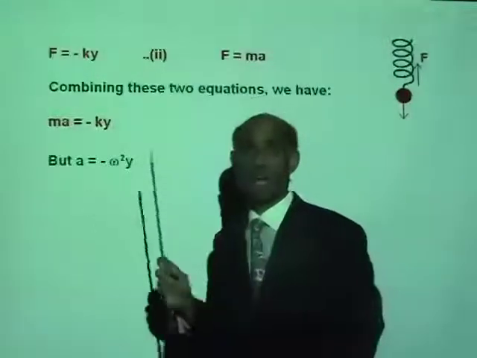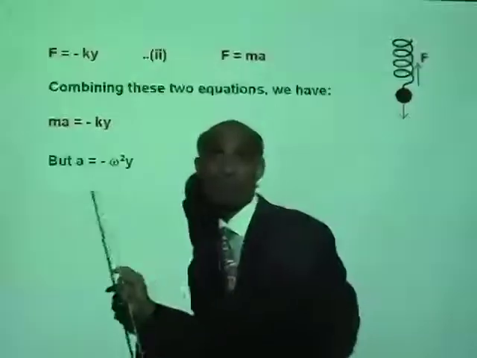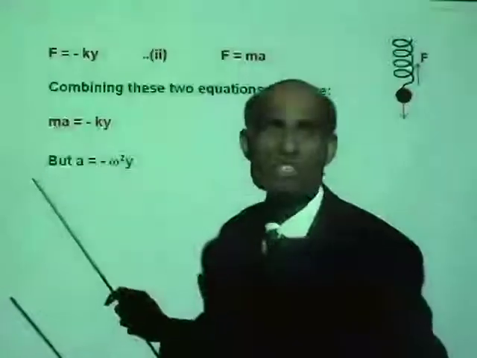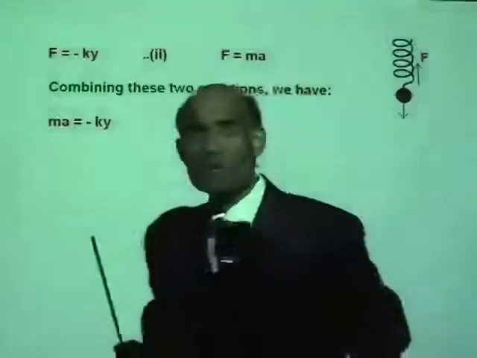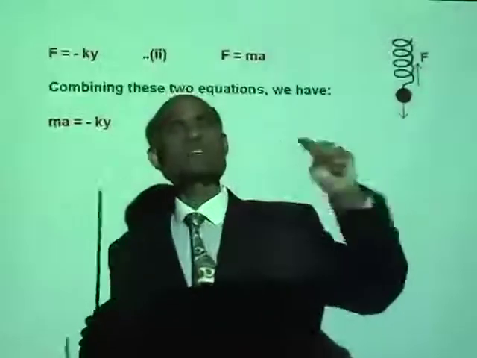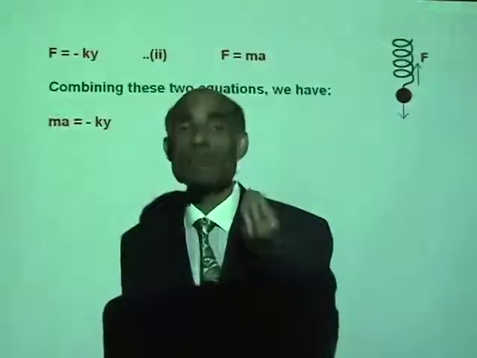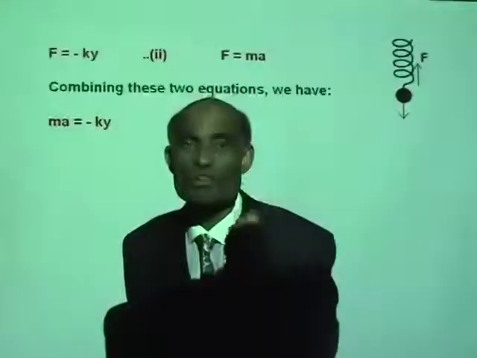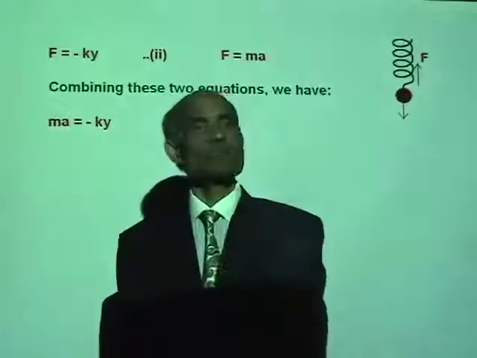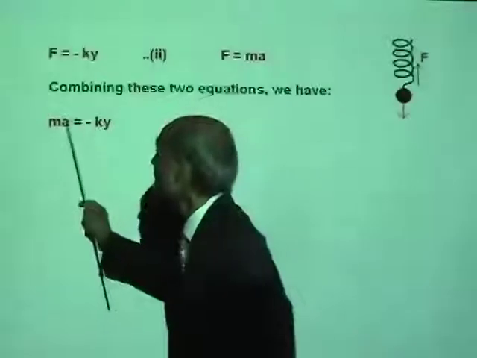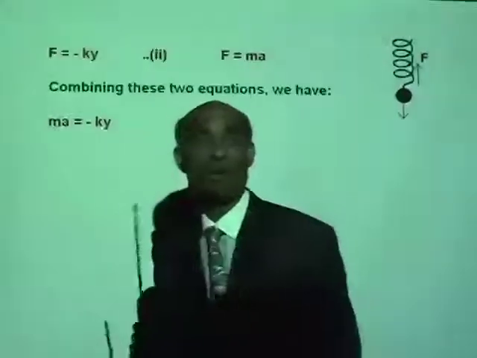But do you remember, I went through this step too rapidly. Do you remember about 15 minutes ago, we derived an equation for the acceleration of a simple harmonic motion? Do you remember that equation?